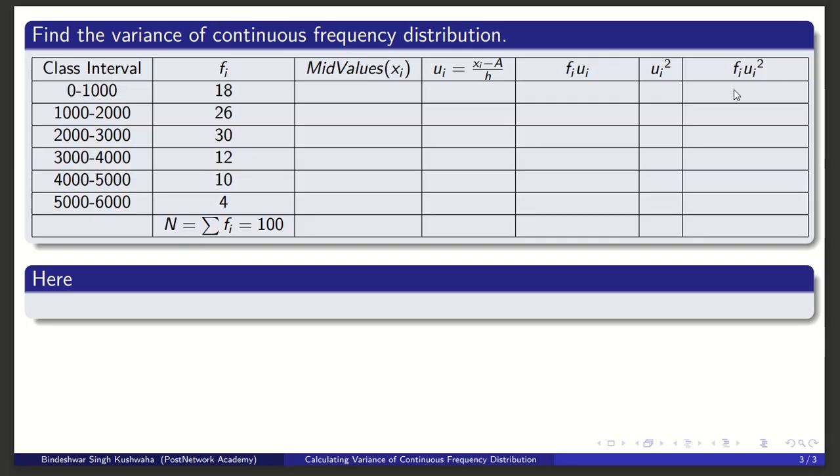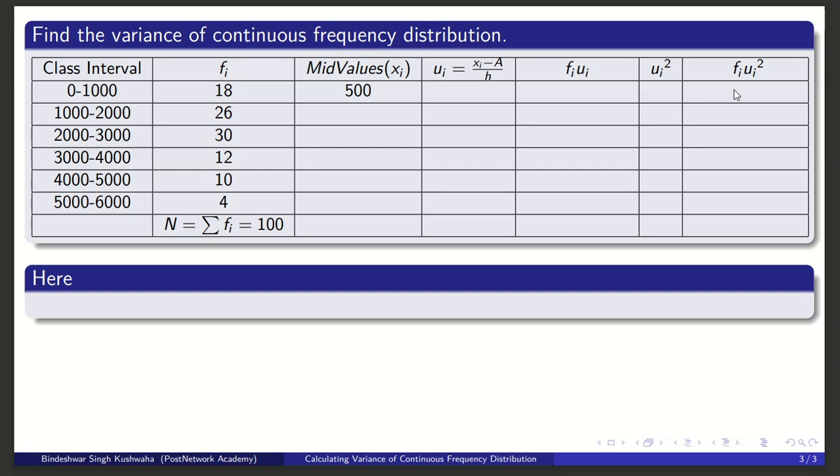So mid values, you will add lower limit plus upper limit upon 2. So here it would be 500 because you are adding 0 and 1000 and dividing it by 2. So that would be 500.